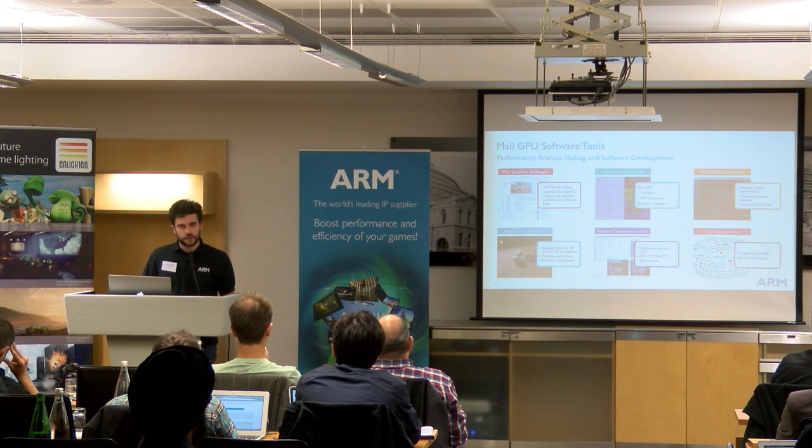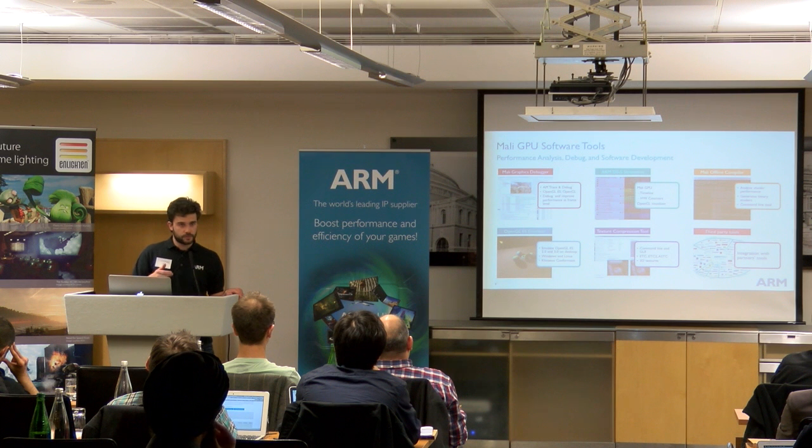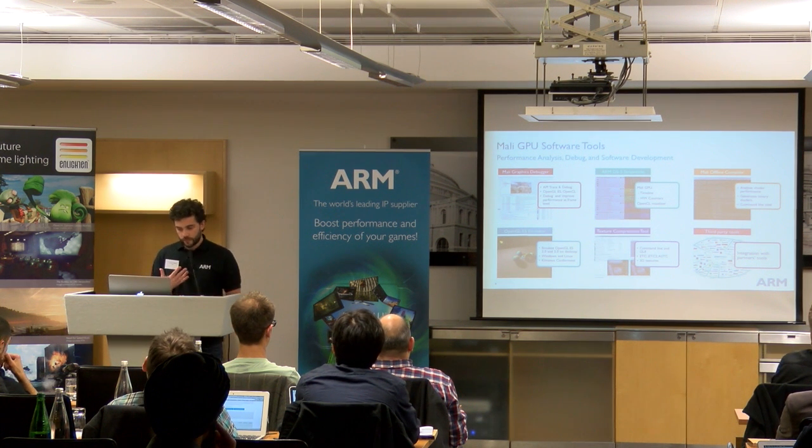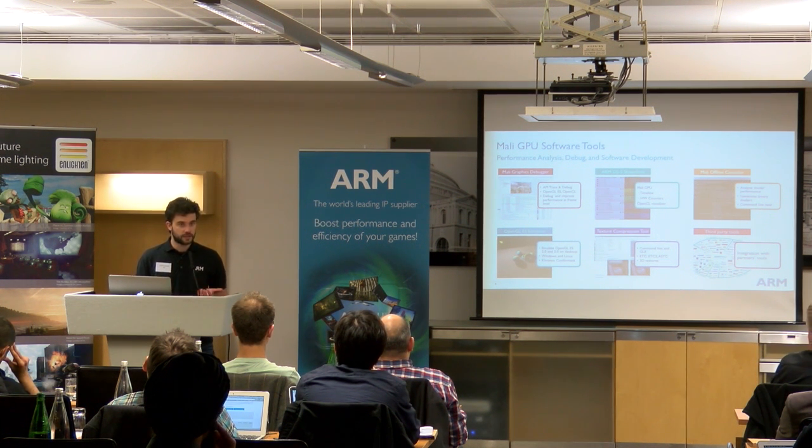Another tool we have is the texture compression tool. Again, it comes with two components. One is the command line and one is the GUI. I believe someone this morning talked about ASTC, the new standard texture compression format. The texture compression tool has got an encoder for that, and also the previous standard formats like ETC and ETC2.